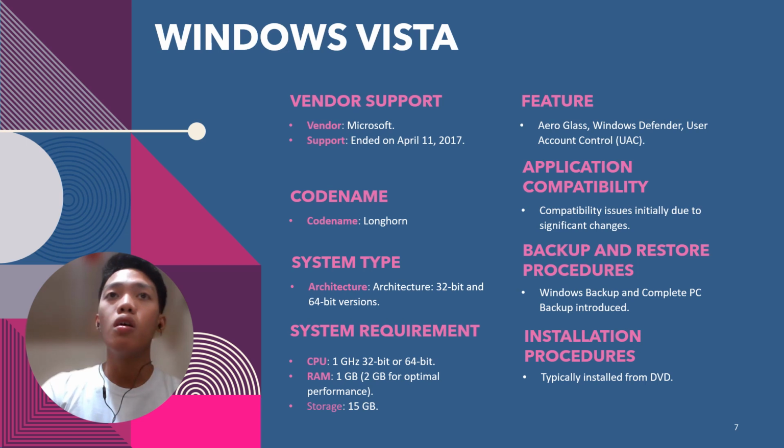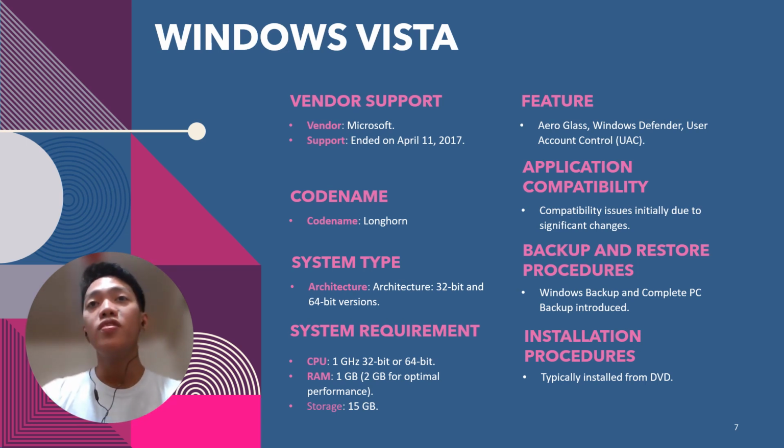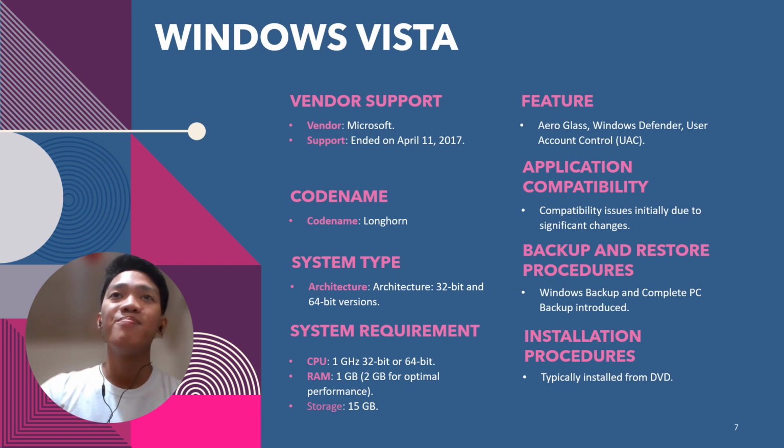They provide users with more comprehensive data protection and recovery options. Installation procedure: typically installed from DVD. The shift to DVD installation allowed for a larger and more feature-rich installation, accommodating the increased size of the operating system.